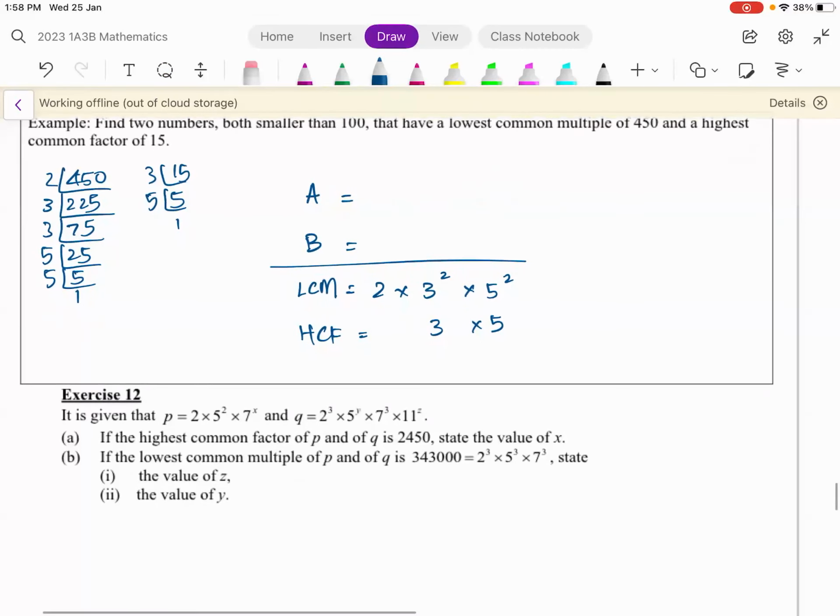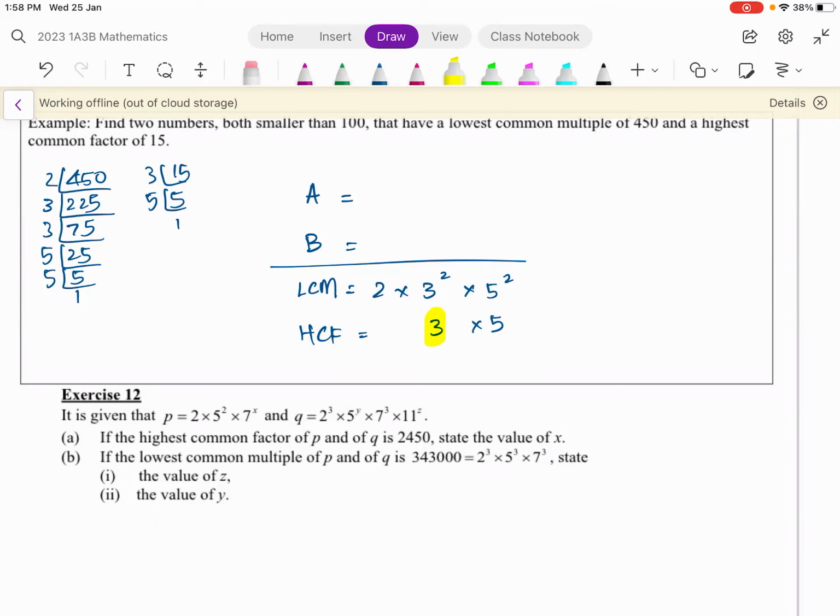Since we learn HCF first, maybe we deal with HCF. What do you remember about HCF when we are doing this presentation? How did we get the 3 in the HCF?